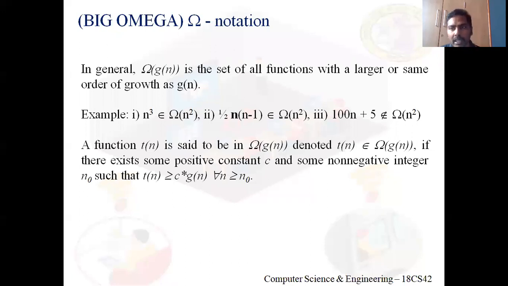Big omega of linear is the set of all those functions whose growth rate is greater than or equal to linear. Got it? Big omega of linear means the set of all those functions whose growth rate is greater than or equal to linear.